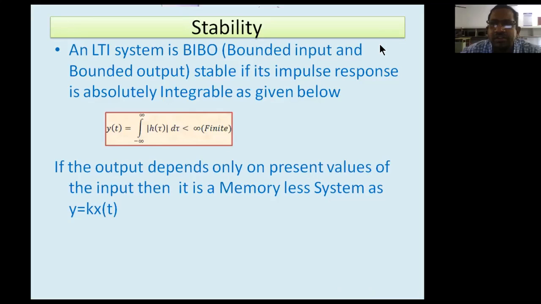Already we discussed integrability, and we have discussed the stability of a signal also. If the signal is absolutely integrable, it is going to be called a stable system. Similarly, for a signal, if the value of the signal is absolutely integrable, then it is going to be a stable signal for us.